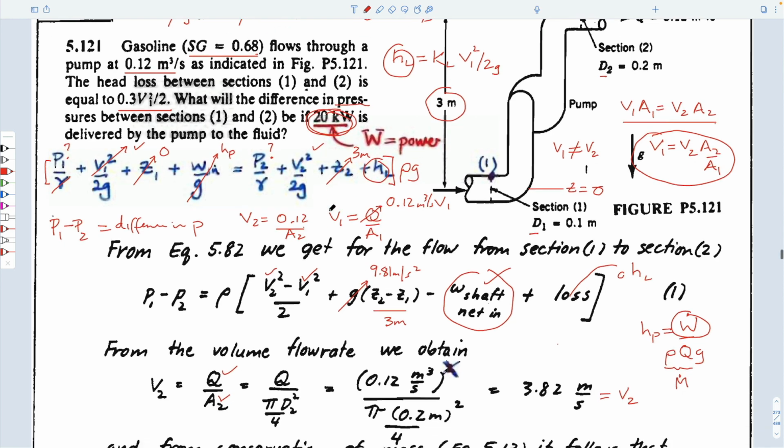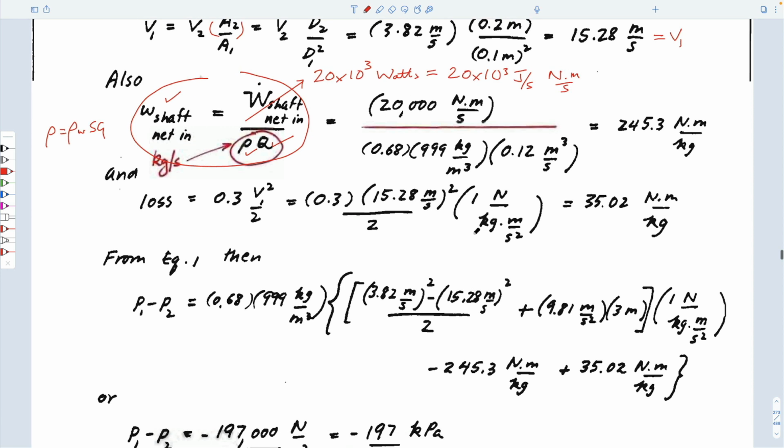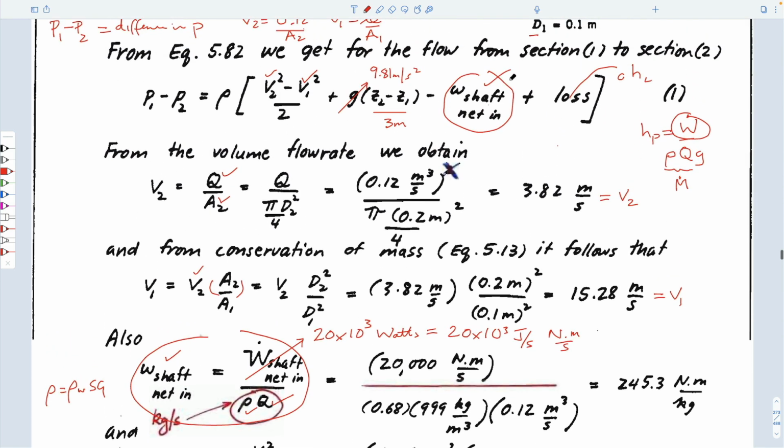This term here, which is 20 times 10 to the 3 joules per second, which is Newton meters per second, which is a watt. So that's this term which is going in here.